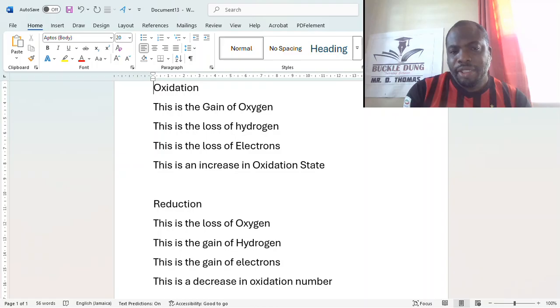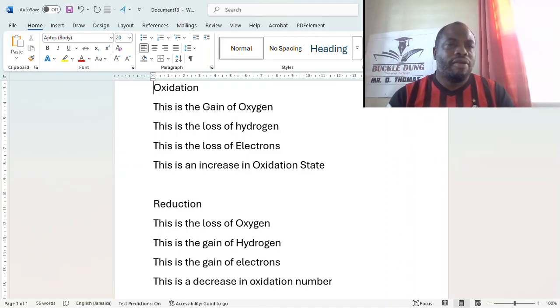Now, a little bit of background. We know that when you're engaged in a reaction, metals tend to be the ones that lose electrons. And if you notice, it says oxidation is the loss of electrons. And so we will know that metals typically will undergo oxidation. We have to be very, very careful in how we apply this because you have to know the state.